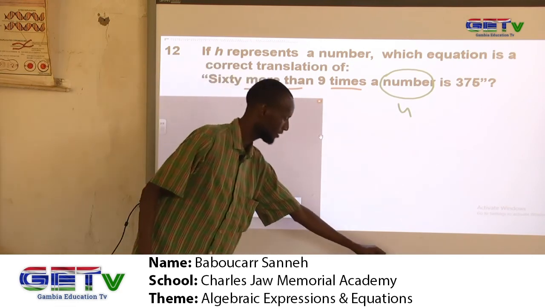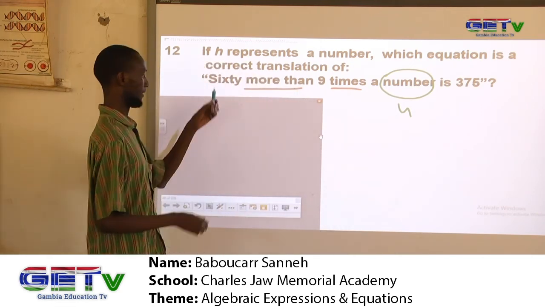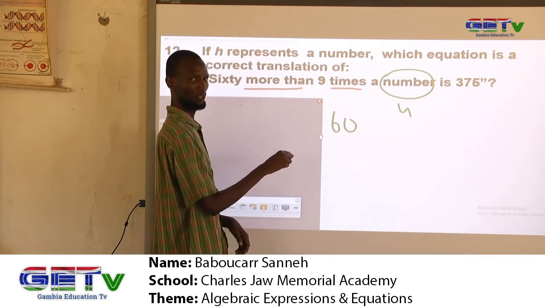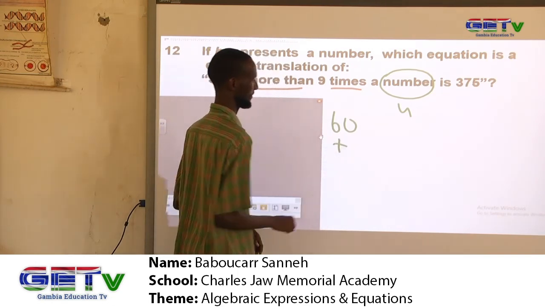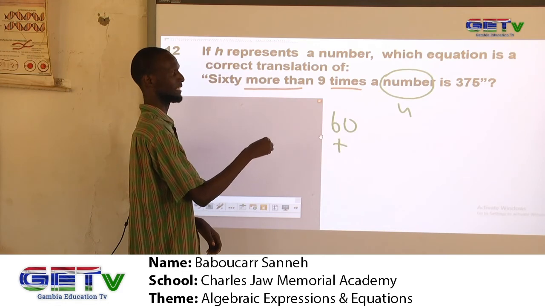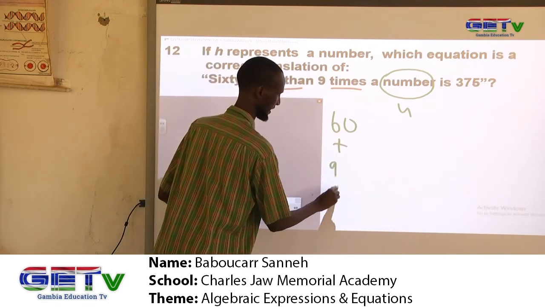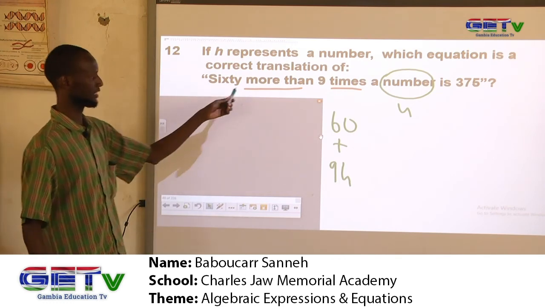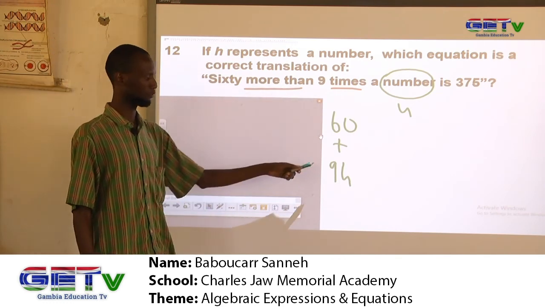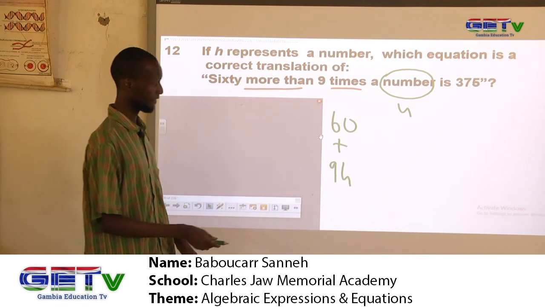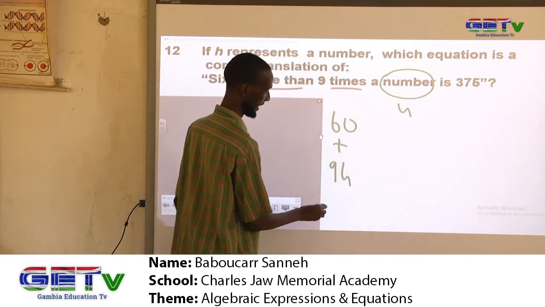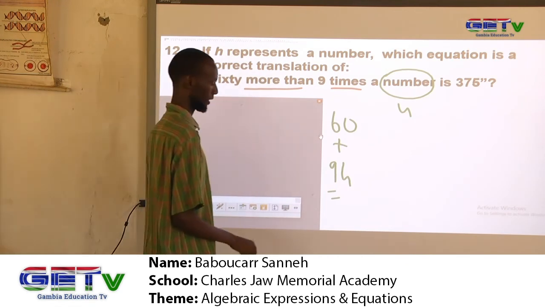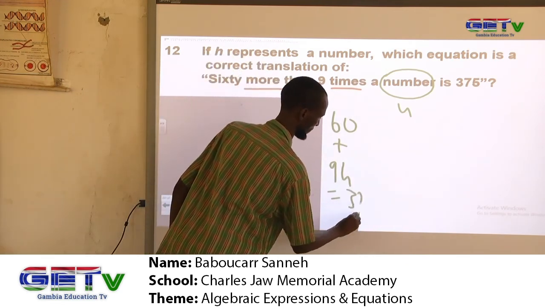So if we put down the terms, we have 60, more than we know is addition, 9 times h, we know is 9h. So now all we have to do is to arrange this. And we know because it is more than, we need to switch the order. The word is just means equal. That is equal to 375.